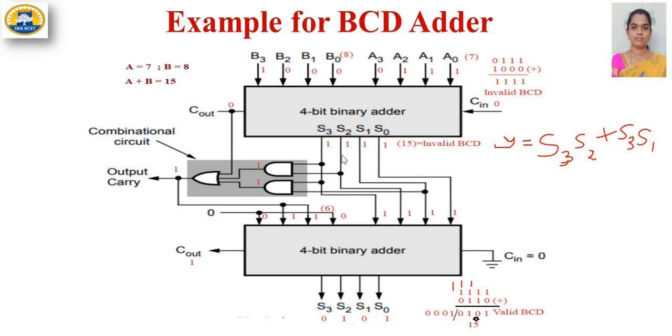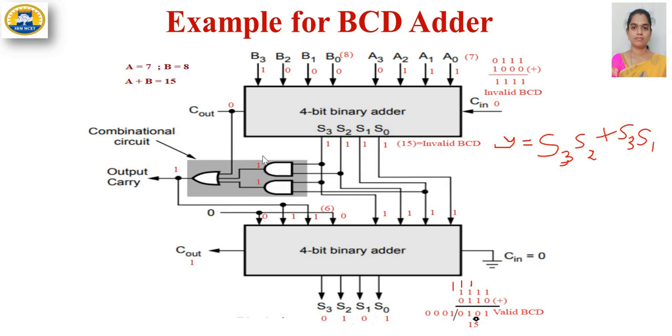So it is getting S3 S2. Here the value of S3 is 1 and S2 is 1. Therefore 1 into 1 through the AND gate, the output of the AND gate is 1. Similarly, S3 and S1. S3 is 1 and S1 is also 1. So the output of this AND gate is also 1.